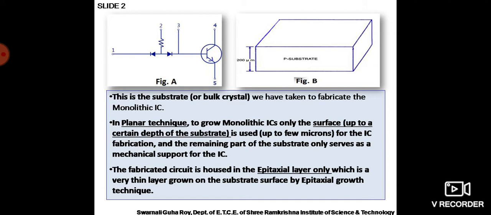You can see in the second point that in the planar technique, to grow monolithic ICs, only the substrate surface, in bracket up to a certain depth of the substrate, is used. This is very important to note. Up to a few microns of the substrate is used for the IC fabrication, and the remaining part of the substrate only serves as a mechanical support for the IC.